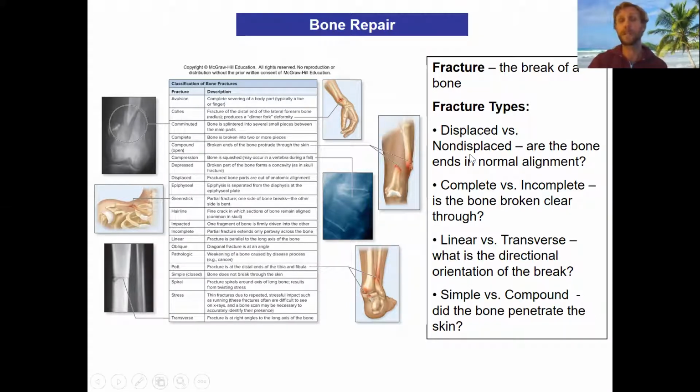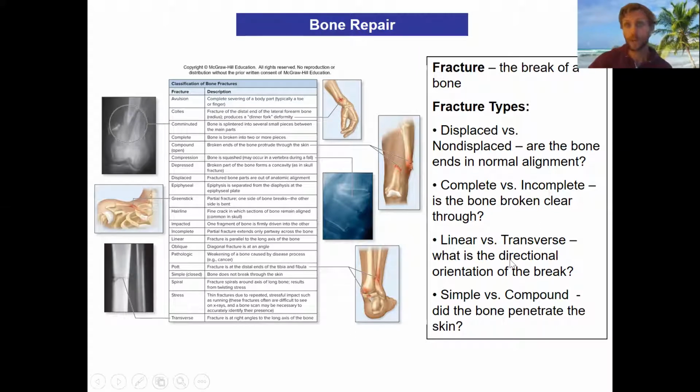As opposed to another fracture where the bones were broken fully through but maintain their correct alignment. In that case, we would call it a non-displaced fracture. So notice we can use multiple of these to describe the same fracture, right? If a bone breaks into two pieces and those two pieces move out of alignment, then not only is it a complete fracture, it is also displaced.